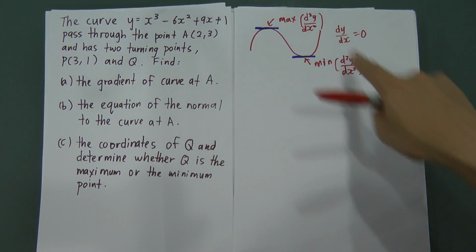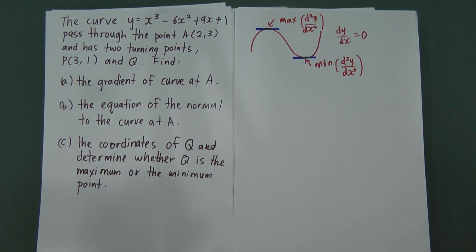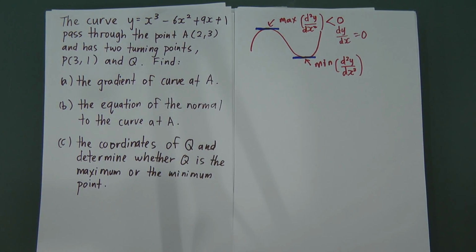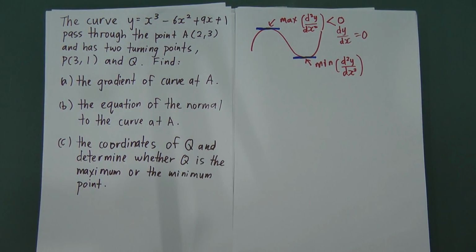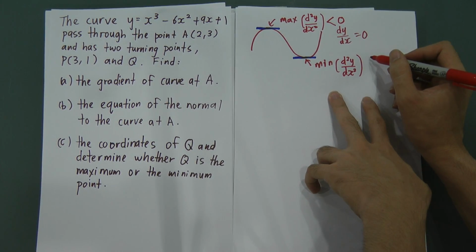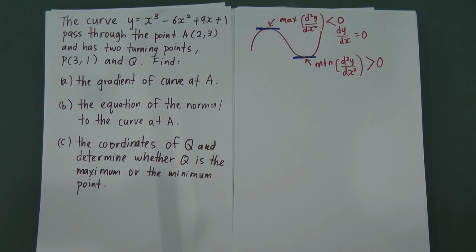When you differentiate the second time, if the turning point is a maximum, d2y/dx squared will be smaller than 0. If you differentiate the second time and get a positive value, that means it is a minimum point. Very easy to remember.